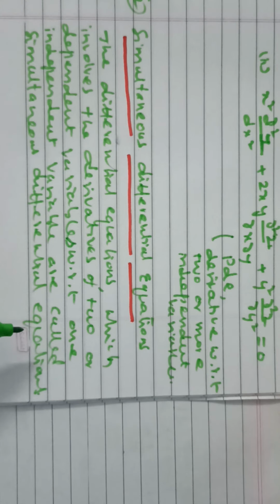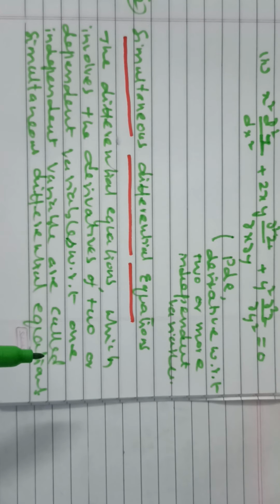As we know, the algebraic equations with two or three variables, the two combined are called simultaneous algebraic equations. In the same way, a system of two or more differential equations is called simultaneous differential equations.